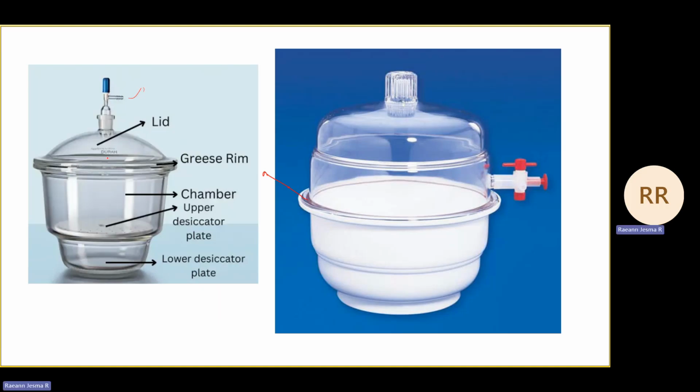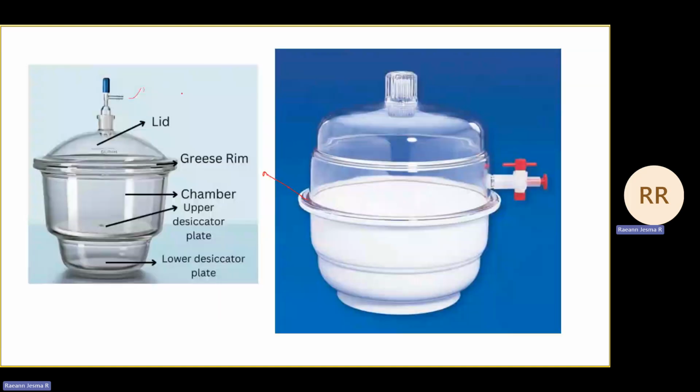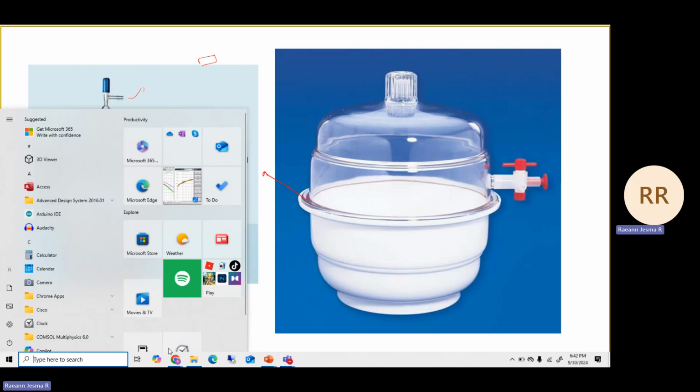So even though our sensor has been fabricated, one important thing to note is that these sensors are all in micron scale, right? Most of the dust particles may be several hundreds of microns large. So if they react with your sensor, then the performance of the sensor will get affected drastically.